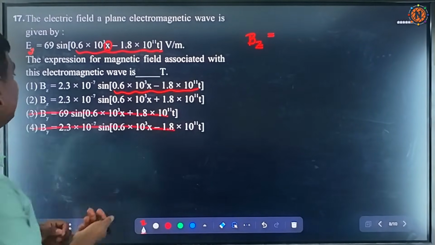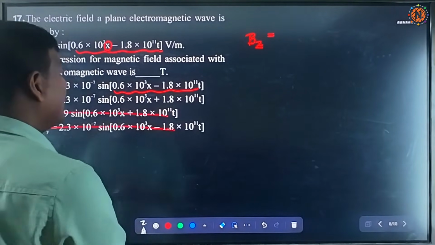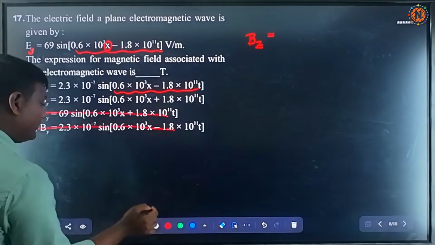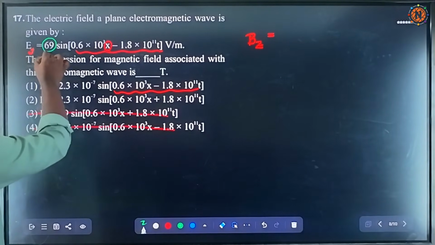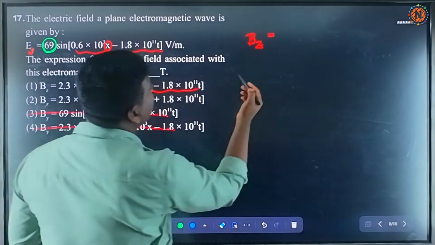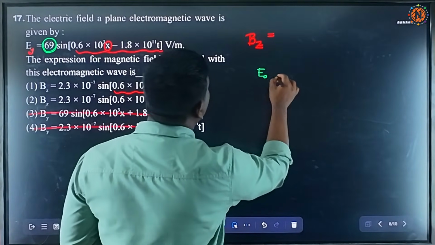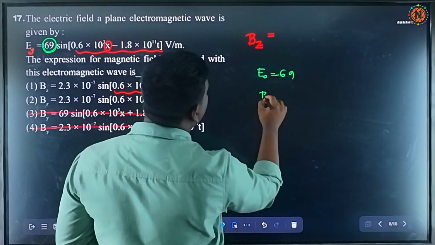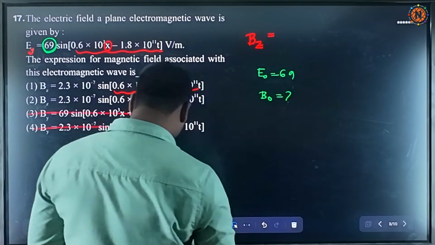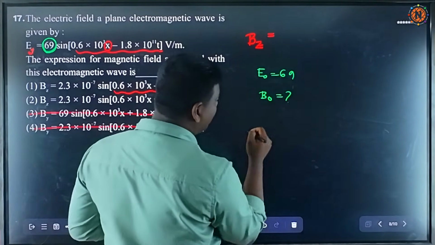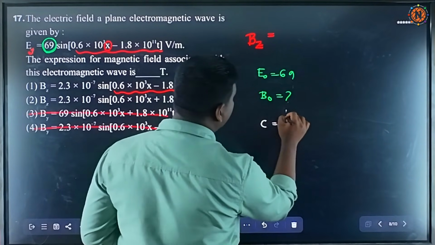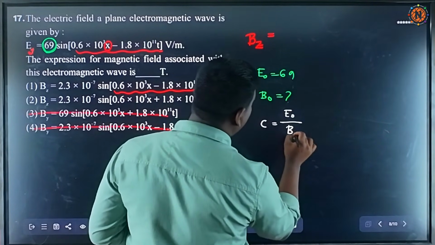But let me calculate and check whether this is the answer or not. From this equation, what is the electric field amplitude? E naught is 69. Let us find B naught. We know a relation between electric field and magnetic field, that C equals E naught by B naught at any point.